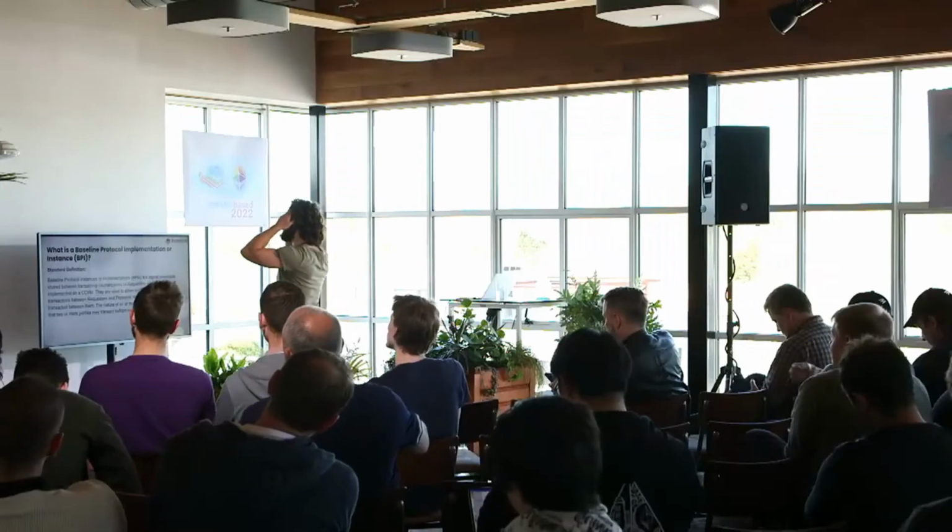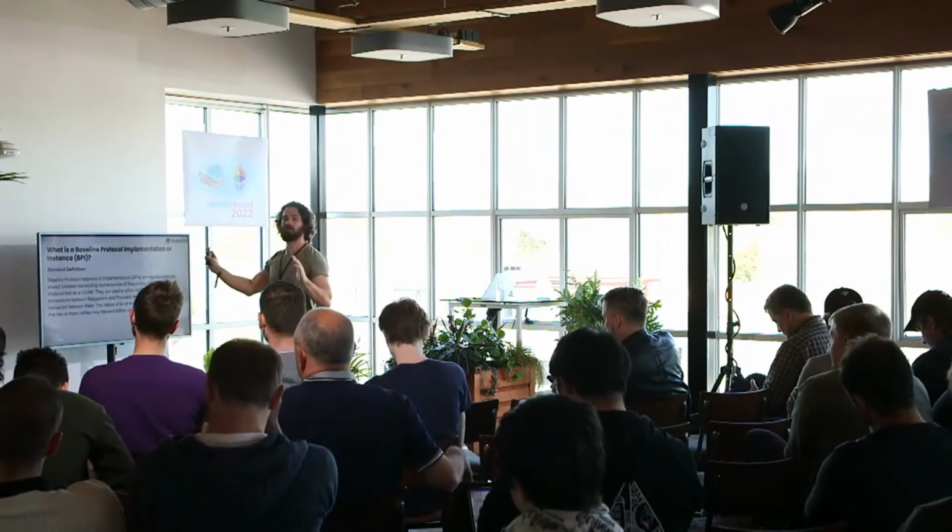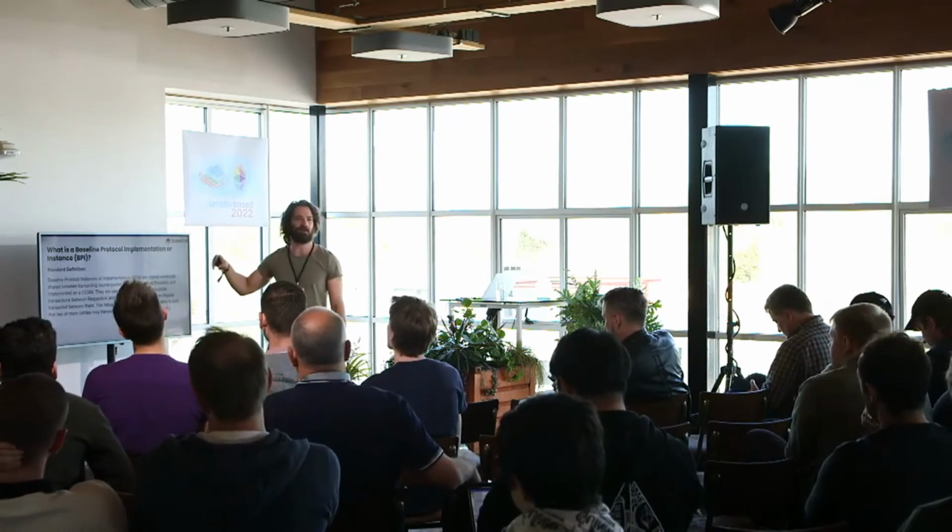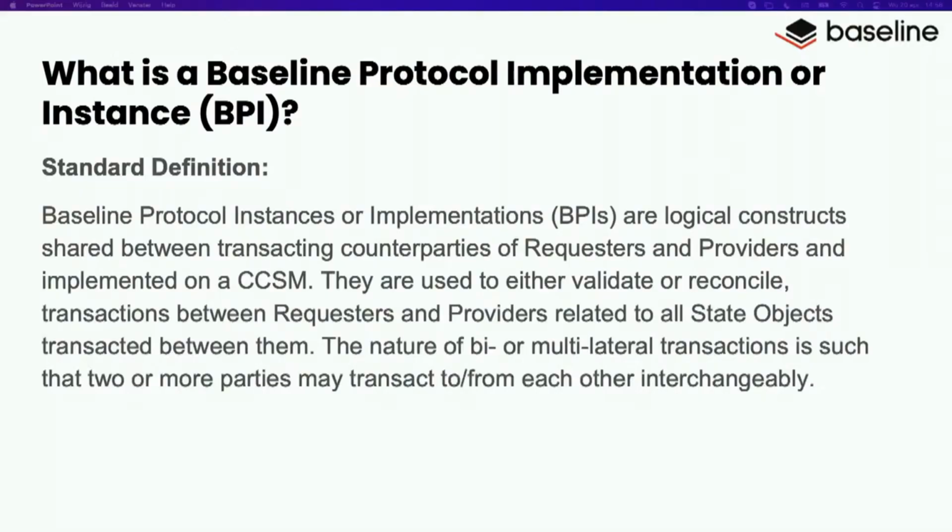So up until now, we have just assumed that the baseline protocol implementation or instance is there and it's working. And I think if you're really looking for a concrete representation that you can get your hands into and say, aha, I see how a BPI works, you really need to look to those implementations.